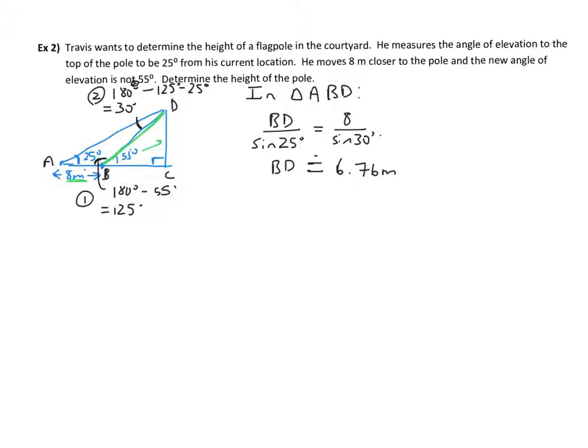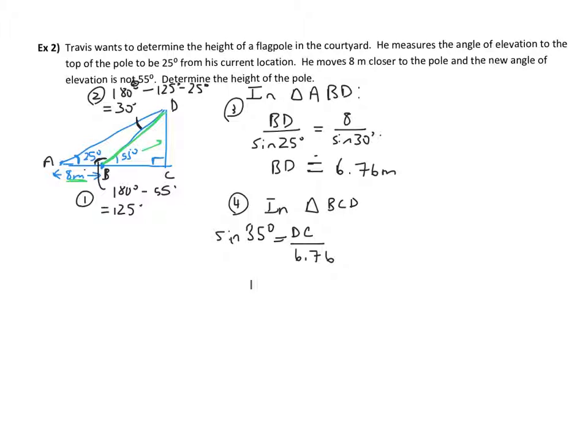Now I'm going to use that triangle, so that was the third step here. Fourth, I'm going to use my triangle BCD, and from there, I'm going to solve for my side DC. DC is opposite, and I'm going to use, not tan, I was going to put tan, but I made a mistake. There we go. I'm going to use the sine of 35 degrees will equal the opposite, which is DC, over my hypotenuse, which is the 6.76, which I still have all my digits in my calculator. Multiply both sides by 6.76.